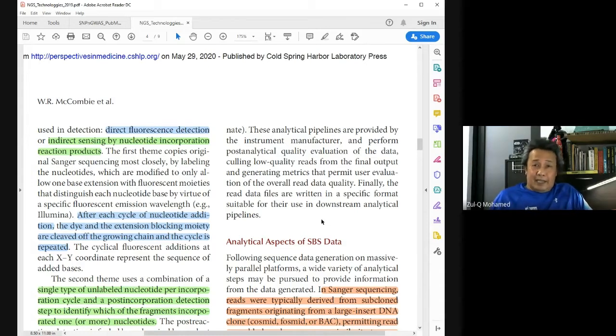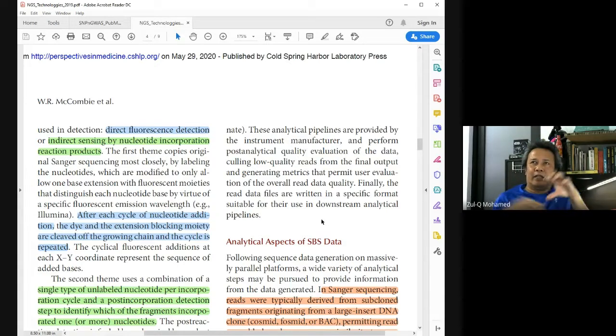But in another system, they don't detect that way. They use just the usual bases and don't need different colors. What they detect is whether or not there is synthesis, because if there is synthesis, there will be a byproduct.